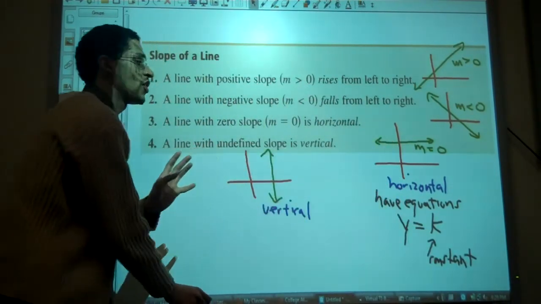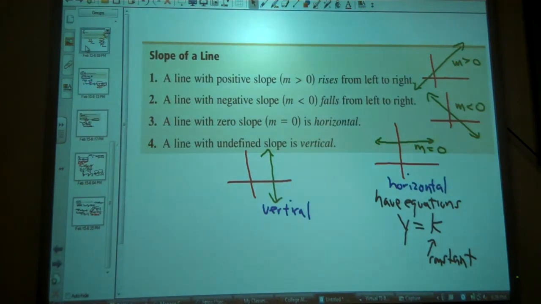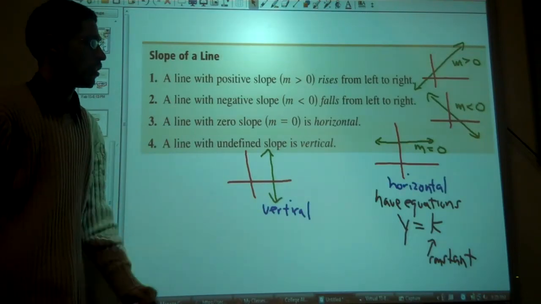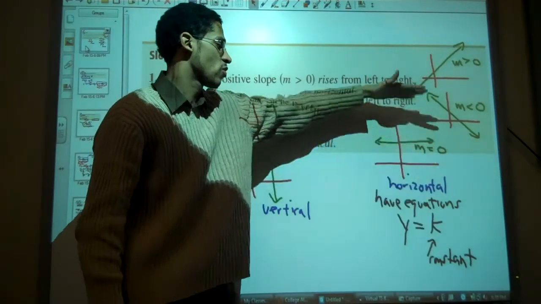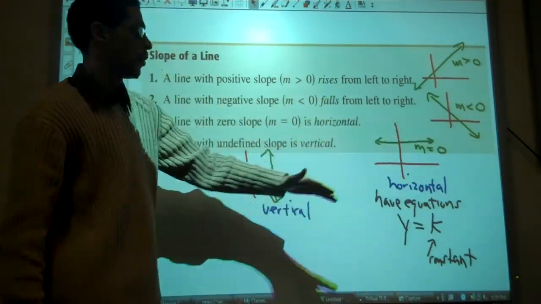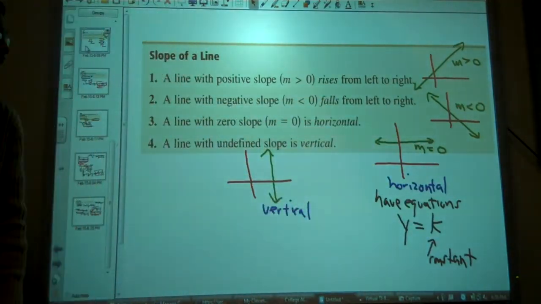X isn't even mentioned in the equation because x is allowed to be whatever you want it to be. It could be a positive constant, it could be a negative constant. That just means where it's placed in relation to the x-axis.